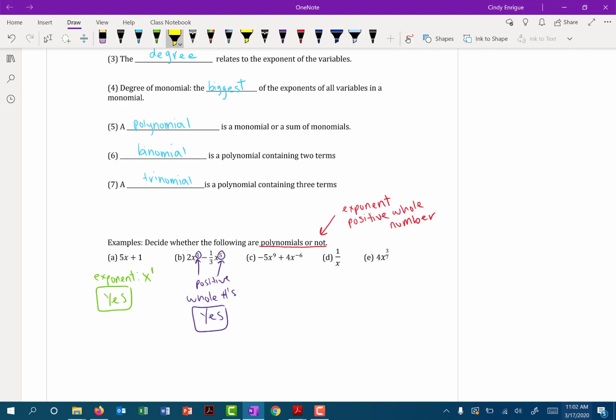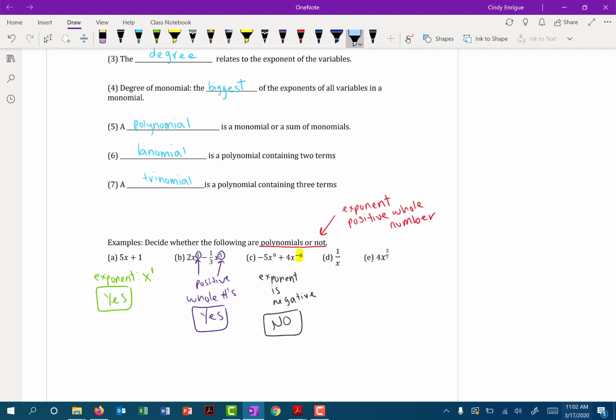See this exponent? That exponent is a -6. We do not like an exponent that's negative. Because it's negative, it is not a polynomial.